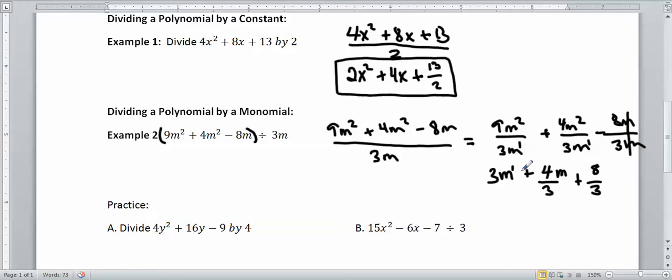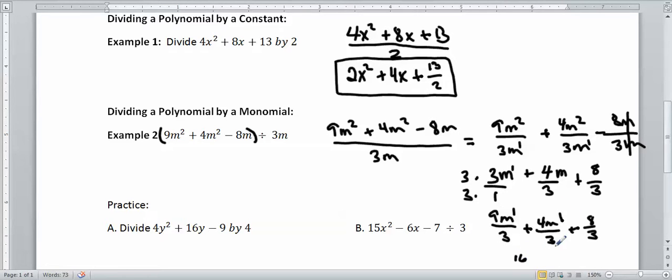And in the end, I have to simplify by combining like terms. Well, this is a fraction, this is not. So I have to get the denominators to be the same. So to do that, make it a fraction, multiply by 3 over 3 to get my denominators to be the same. So I get 9m1 over 3 plus 4m1 over 3 plus 8 over 3. And I can simplify this whole thing to be 16.